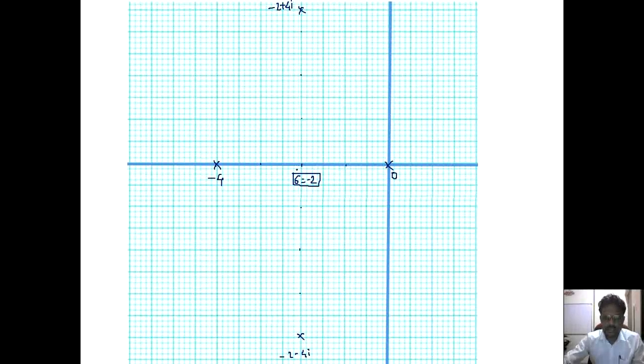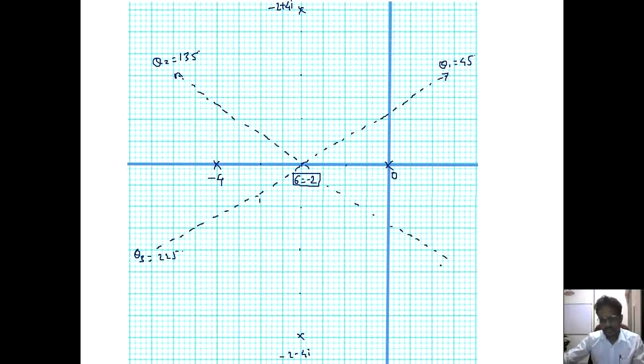Now this is the location of the asymptotes. Now the angles: theta 1 is 45 degree, theta 2 is 135 degree, theta 3 is 225 degree, and theta 4 is 315 degree.